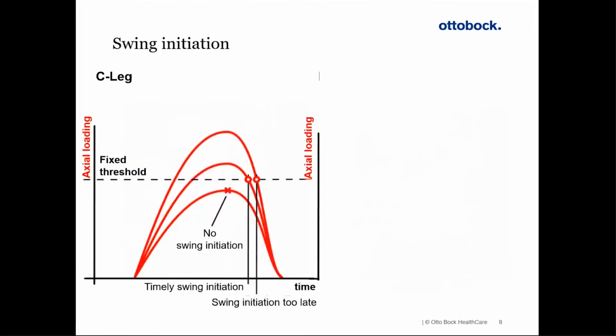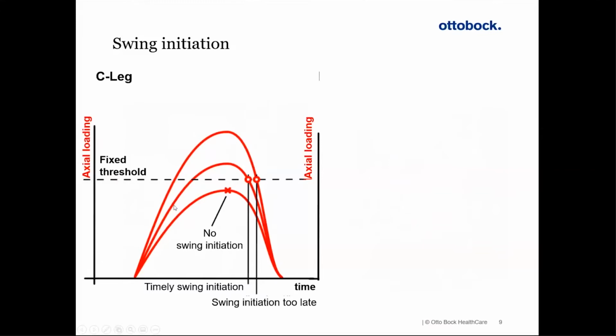Another big difference between the CLEC and the Kenevo is the swing initiation. With the CLEC, you adjust the fixed threshold of axial loading for the swing initiation.